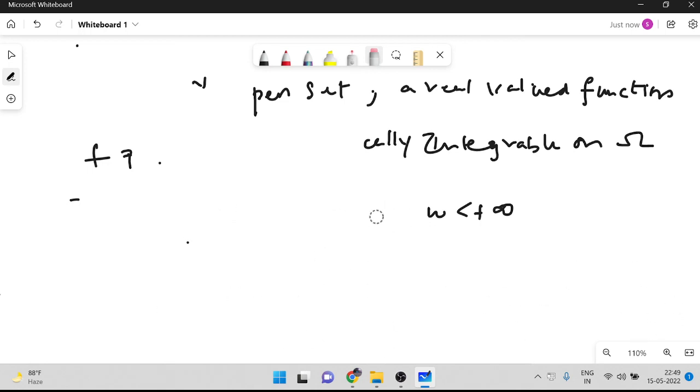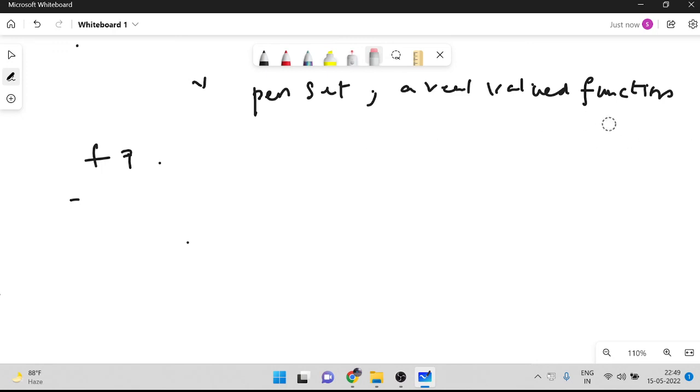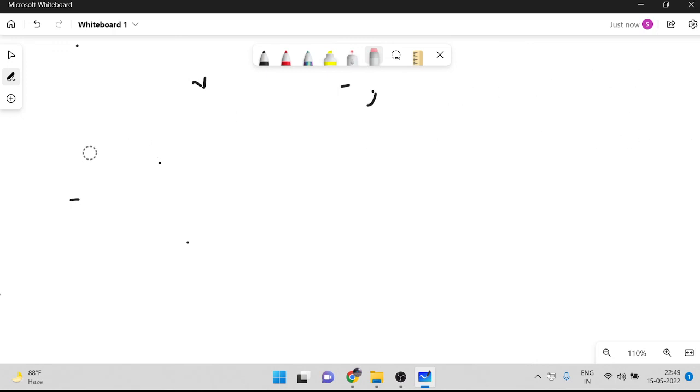Just that the integral should be finite. We are just giving some more fancy terms on that.